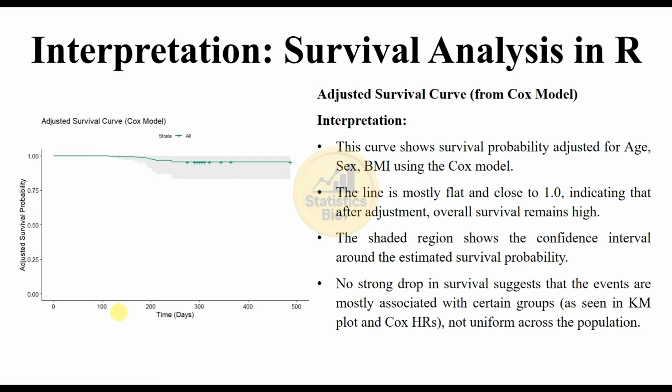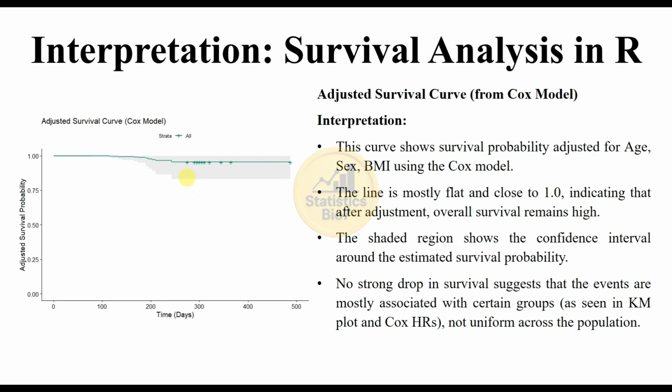So the next one is the plot of the adjusted survival curve for the Cox model. Interpretation of the plot: this curve shows survival probability adjusted for age, sex, and BMI using the Cox model. The line is mostly flat and close to 1, indicating that after adjustment, overall survival remains high.